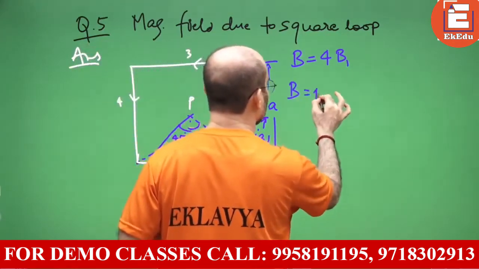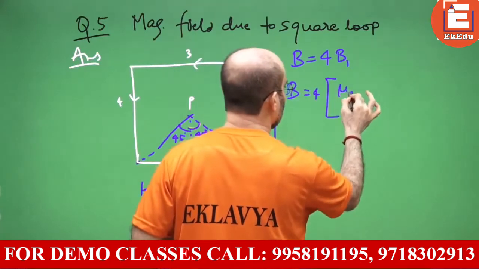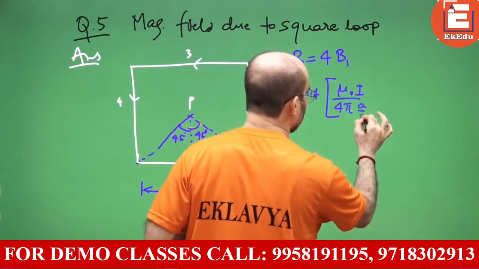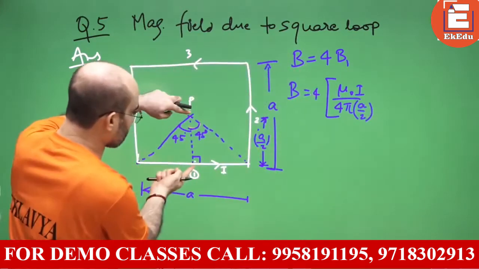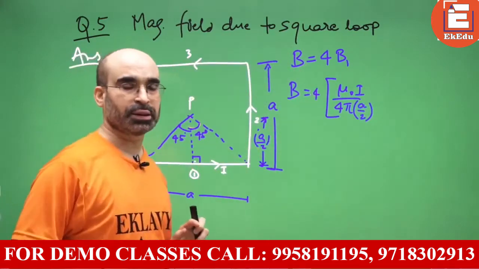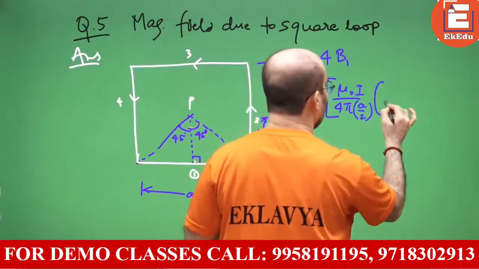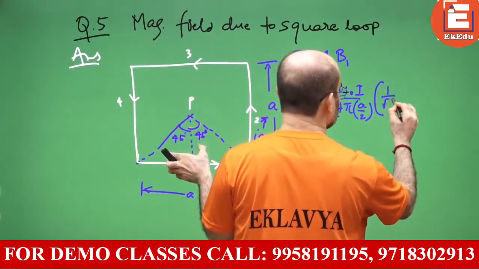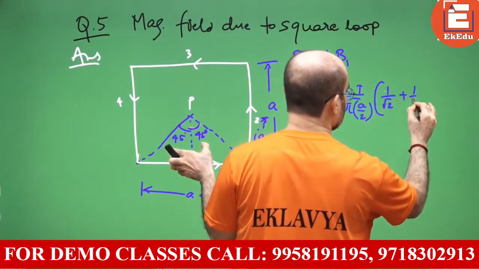B equals 4 times mu naught I by 4 pi, and this is A by 2, because this is the perpendicular distance. Now we have sine of 45 degrees, which equals 1 by root 2 plus 1 by root 2.